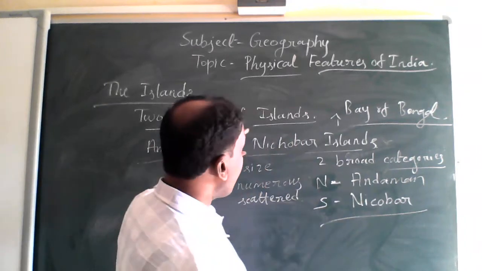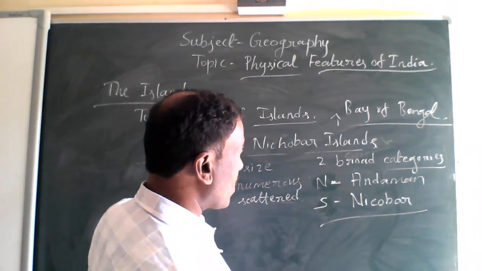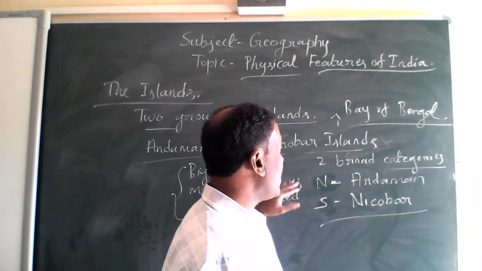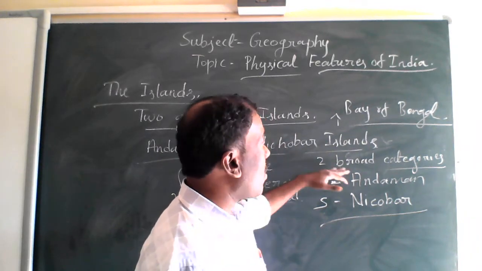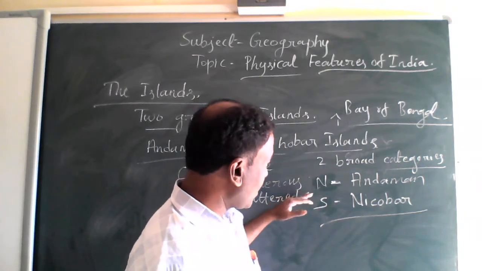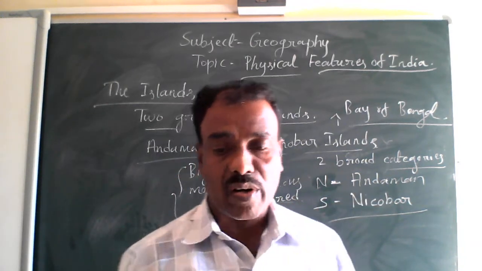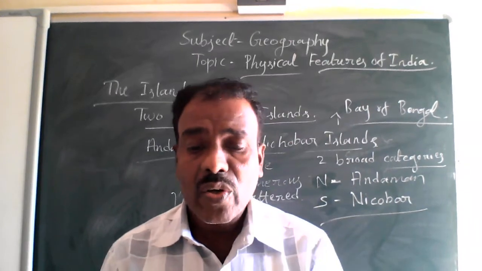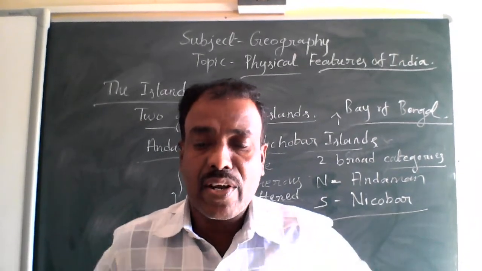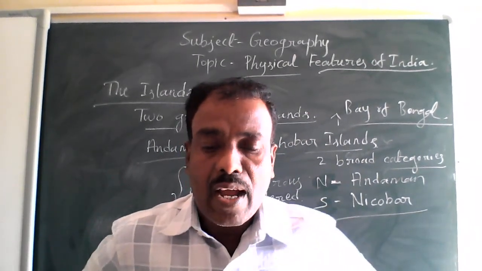So these groups of islands are broadly categorized into two: the north group is called Andaman, and the south group is called Nicobar.